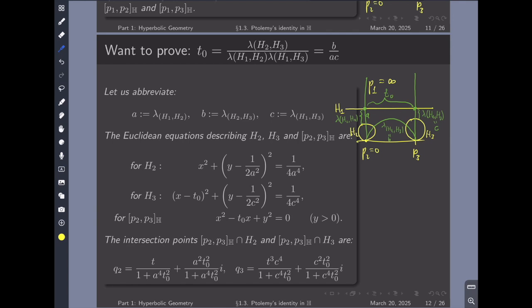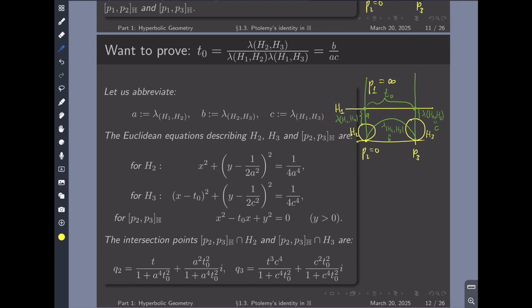Did I do something wrong? Yeah, A is the exponential, yes. No, it's right. A is the lambda length, not the Euclidean length, not the hyperbolic length.